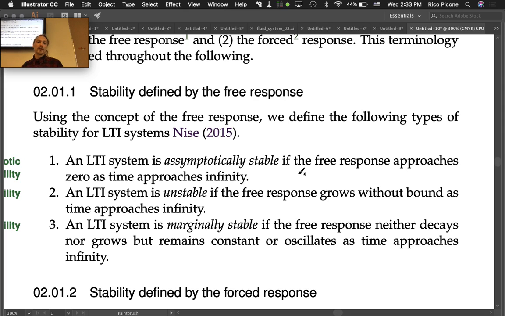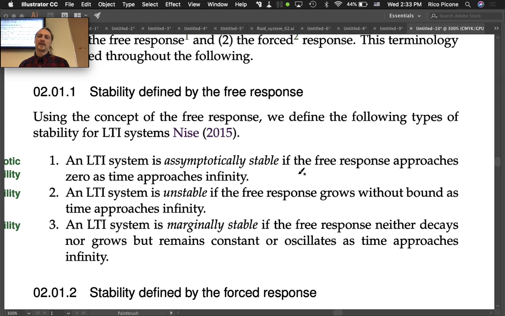The second type of stability we'll define: an LTI system is unstable if the free response grows without bound as time approaches infinity. So that's the blow-up situation where your solution would have an increasing, positive exponential. That would be unstable. And then finally, there's a marginal stability case.